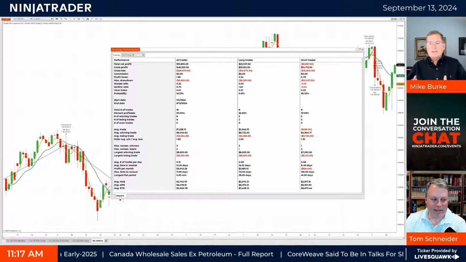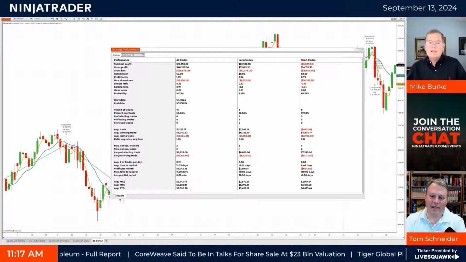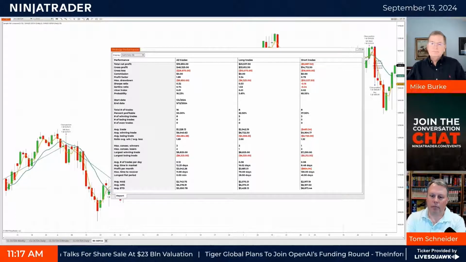I think the answer for most people is no. If I've lost 4 trades in a row, I am not putting on that 5th trade. I don't care what the strategy performance report is telling me. So that strategy, in my mind, is not tradable. Even though it's a great strategy, with a great performance report, unless you're willing to actually let the strategy play out, you don't have a strategy yet.